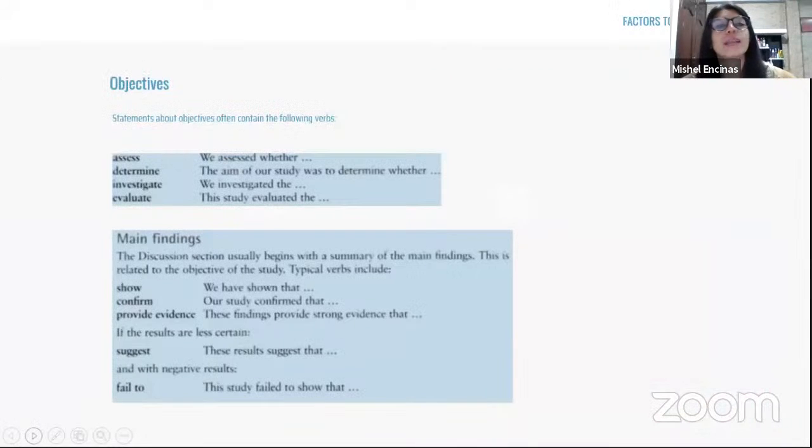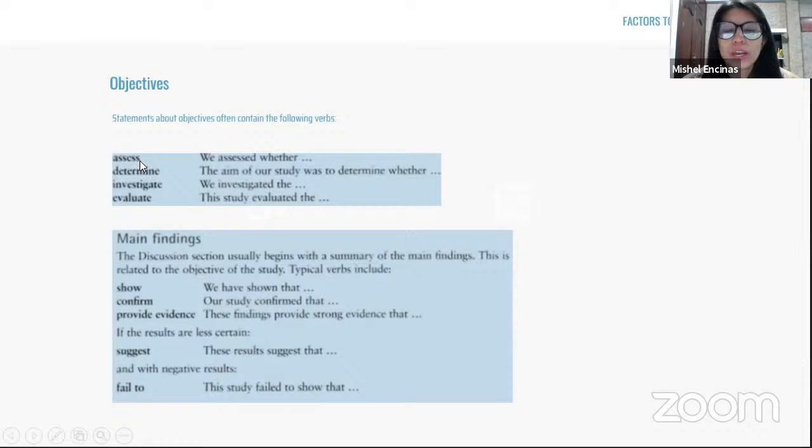Okay, let's go ahead. Then we have the objectives, which are statements about objectives, and often contain the following verbs. We can find "assess." Do you understand this word?